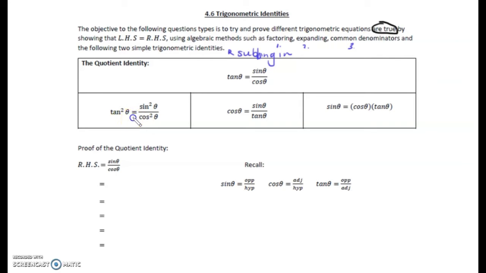If you move the cos up and the tan down in either of these, we'd have cos theta equals sine theta over tan theta. And if you just cross multiply that tan up, we would have sine theta alone, equals cos theta tan theta. This is the only quotient identity here, and all the other ones we're just rearranging.